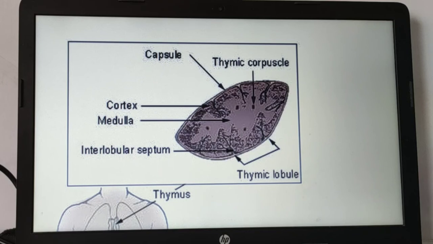These T lymphocytes are a part of the WBC, the white blood cells, and they help to protect the body from infection, as well as fight the cancer cells. T lymphocytes also develop from stem cells in the bone marrow. So it is helpful in the development of our immune system.